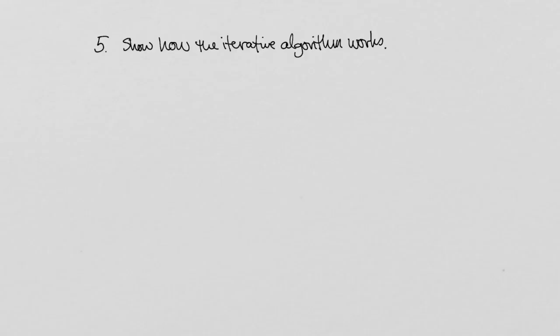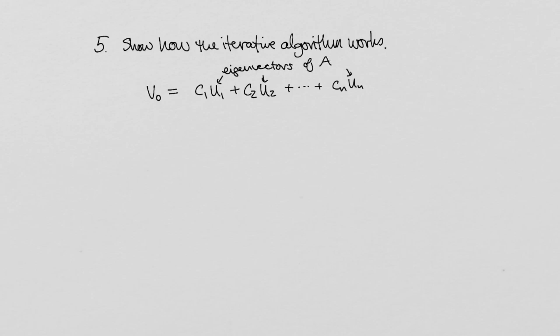The reason this algorithm works is that the eigenvectors of A form a basis for Rn, so we can write any starting vector as a linear combination of those basis vectors. Then repeatedly multiplying by A results in each term gaining an additional factor of the corresponding eigenvalue.